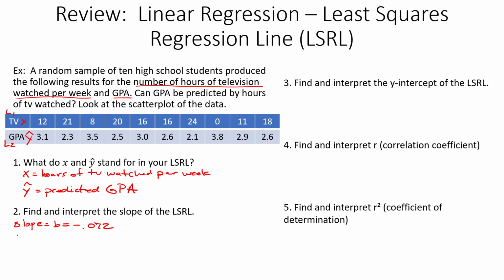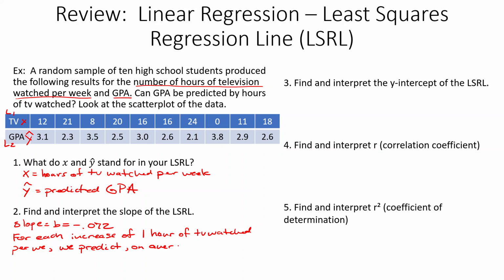All right, so remember what we say, for each increase of 1, and then whatever our X is, so it'd be hour of TV watched per week. We predict, remember, because this is the predicted Y, on average, and we could have put the on average really anywhere.